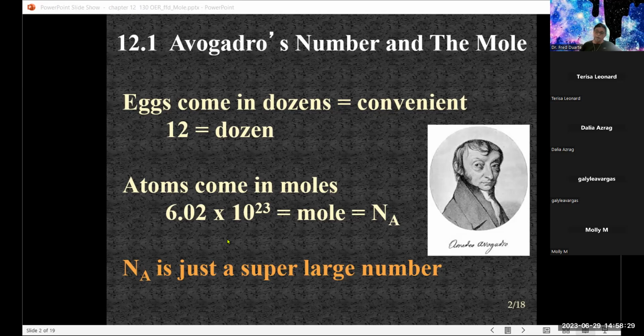Now, the symbol for the mole is the capital letter N subscript A. So that's Avogadro's number, 6.02 times 10 to the 23rd, which, by the way, since you can see that number in scientific notation, we'll refresh your memory on how you do scientific notation on your calculator, because we'll be using it to do calculations. Okay. Now, how big is this number?